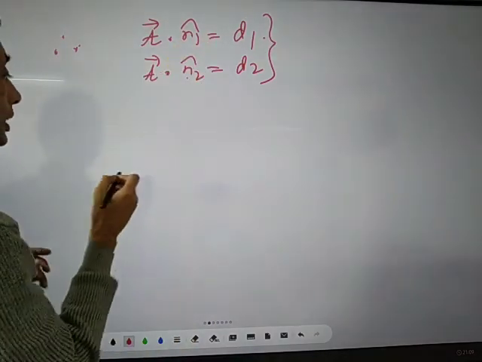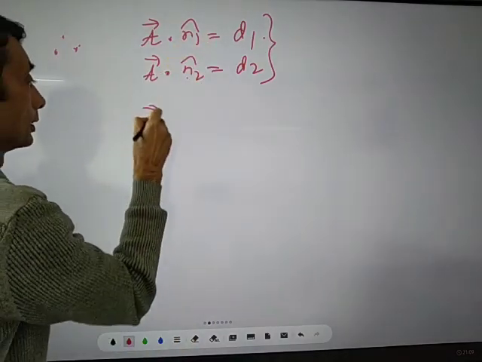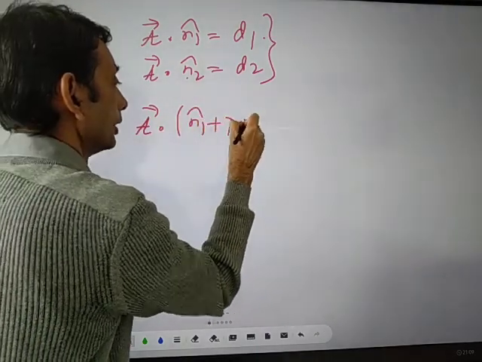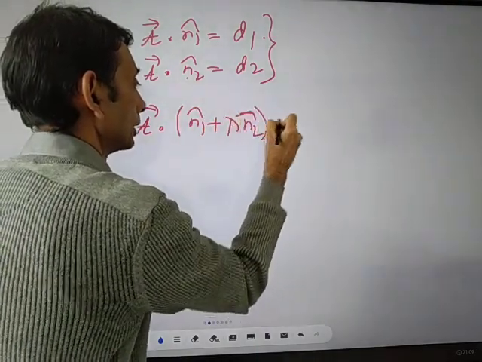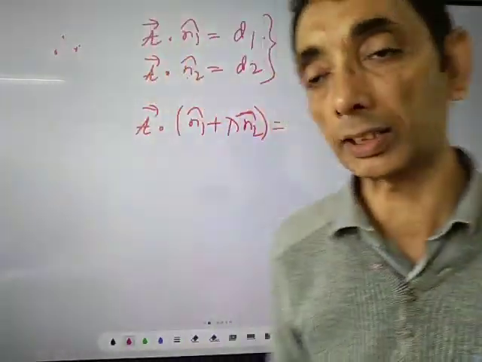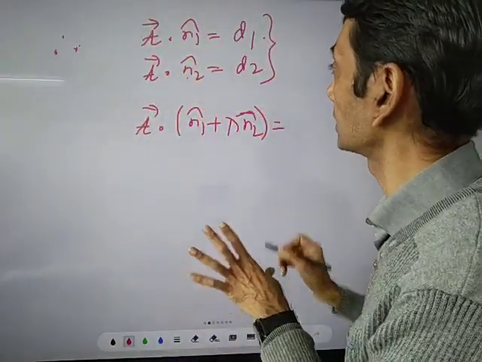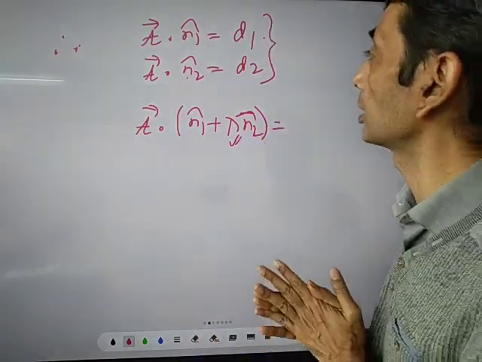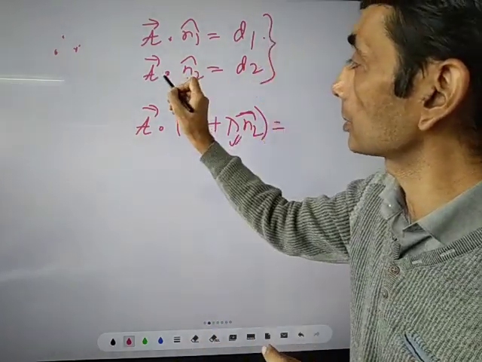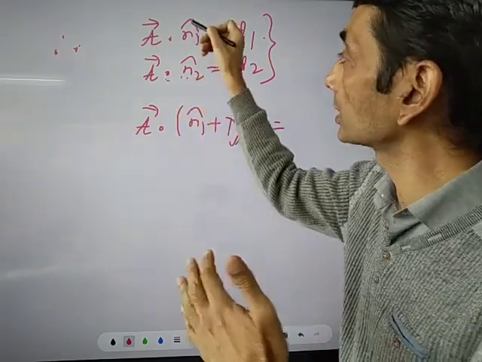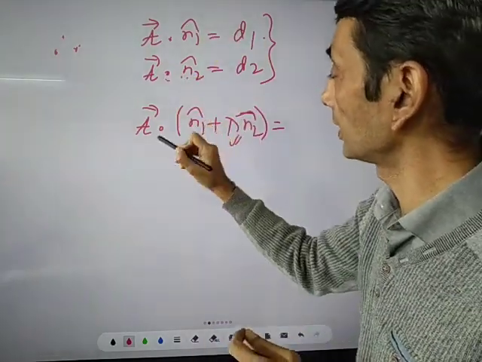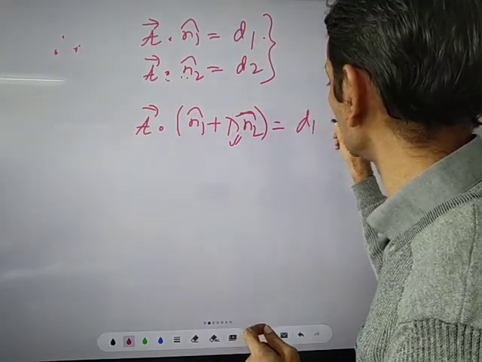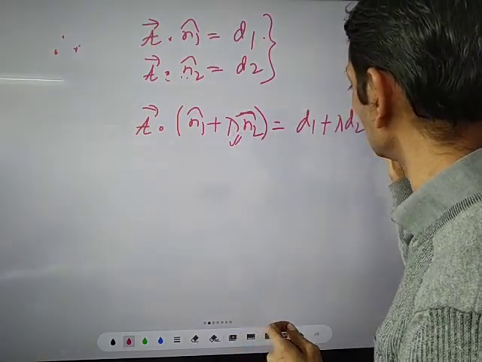So this can be written as t dot (n1 plus lambda n2) equal to d1 plus lambda d2.